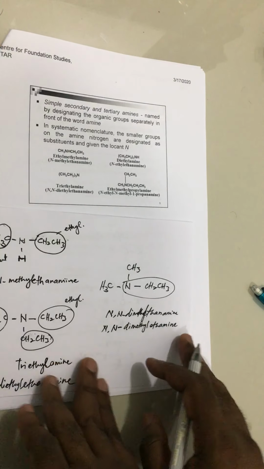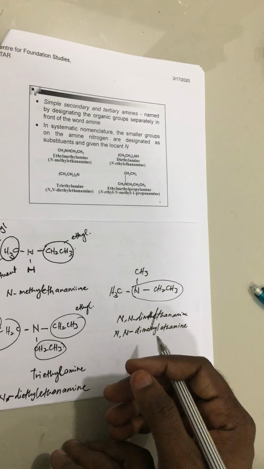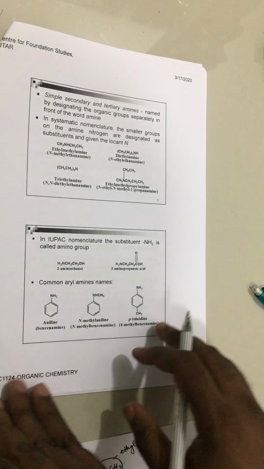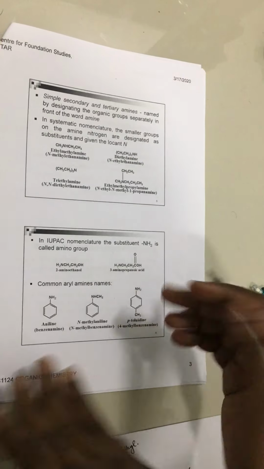Okay, so that's how you're going to name your amines, depending on the degree of the substituent and so on. So how about the nomenclature of NH2 as a substituent?